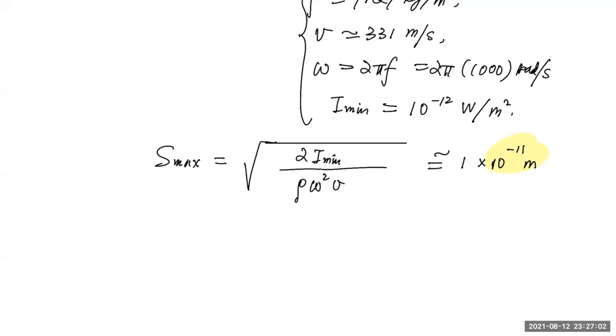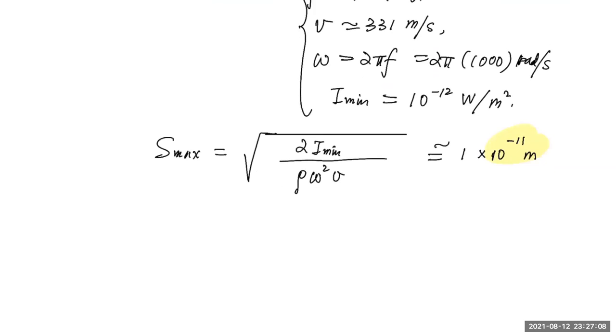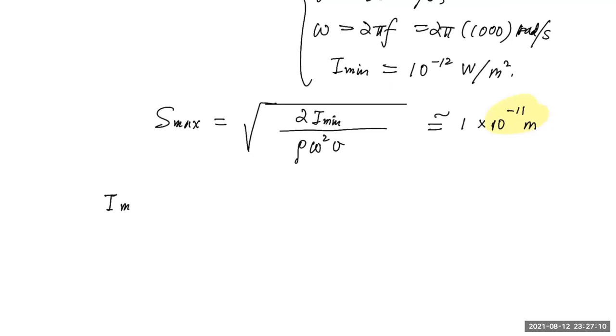So that was the minimum, the threshold of hearing, but the maximum we can tolerate before our ears start to get permanent damage is 1 watt per meter squared. You compare that to the minimum value of 10 to the negative 12 watts per meter squared. You look at 12 orders of magnitude.